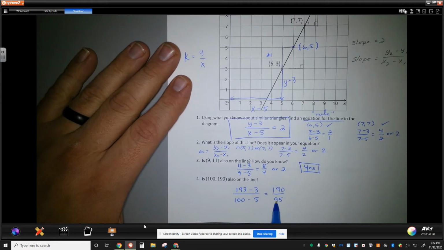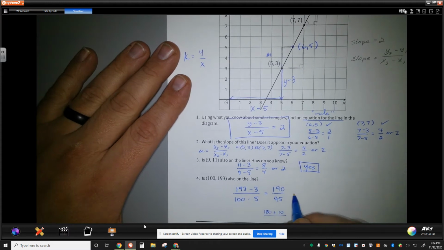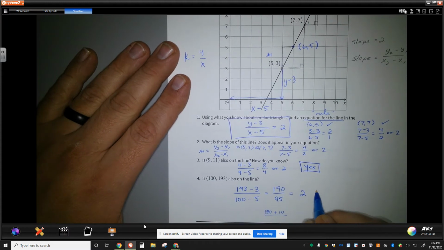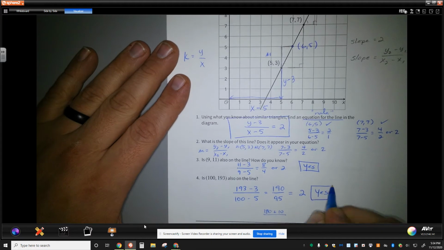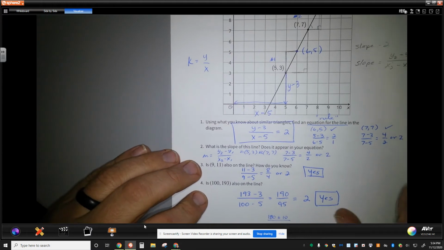I know that 90 times 2 is 180, and I know 5 times 2 is 10, and 180 plus 10 is 190. This does equal 2. Yes, this ordered pair of 100 and 193 is certainly on the line because it follows the rule.